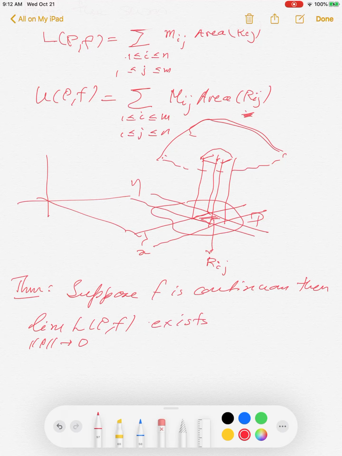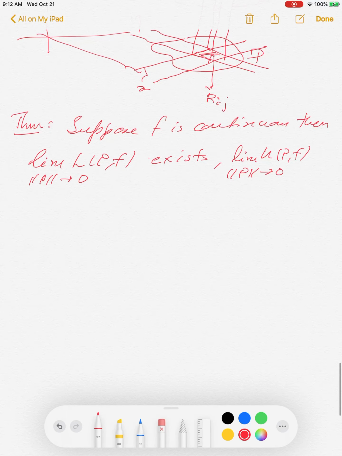So this limit exists. The limit of UPF as the norm of P tends to 0 exists, and they are equal.